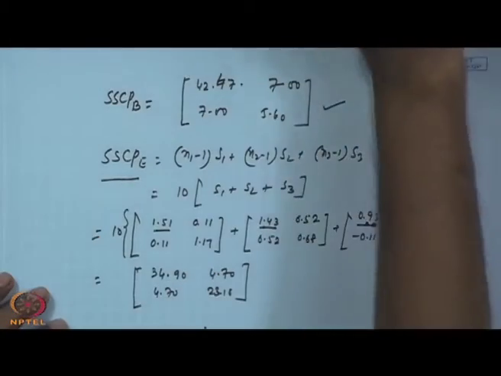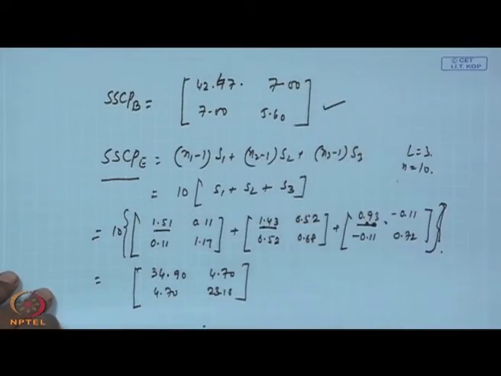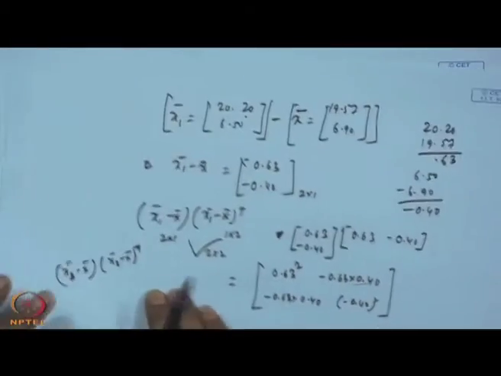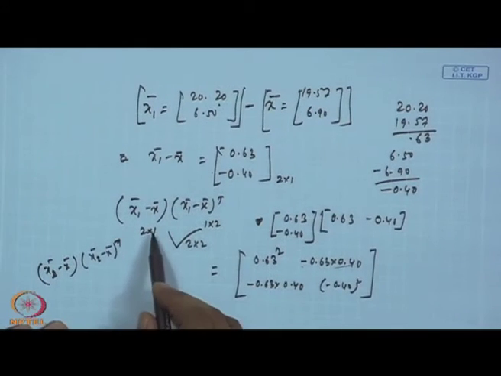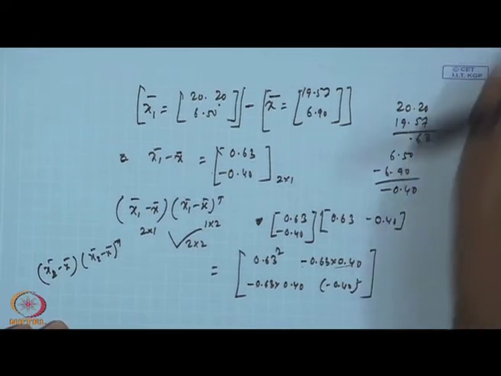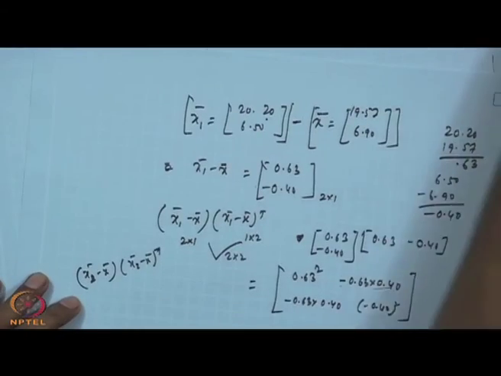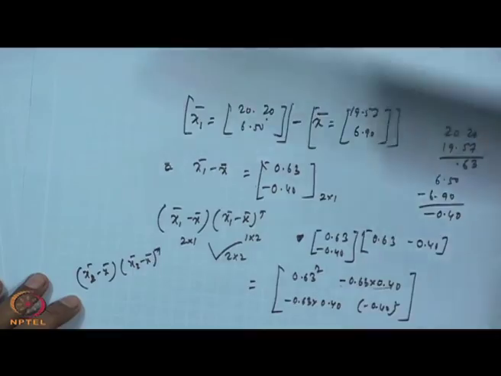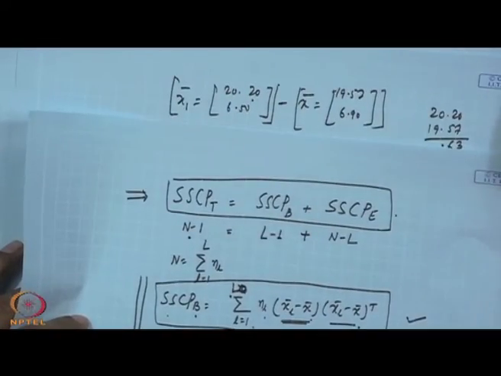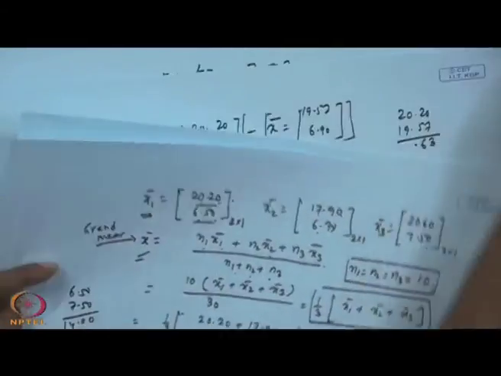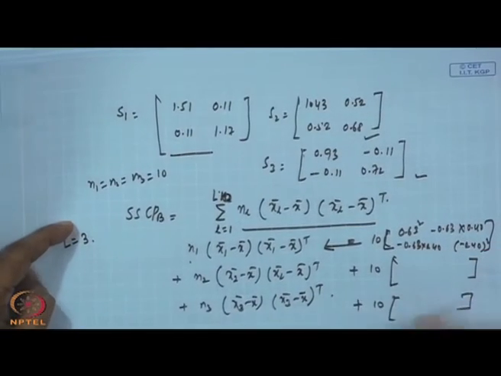Now from the computation point of view, I have shown you one computation, because the SSCP B part is basically the sum of three different elements.